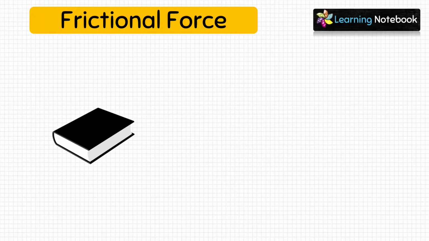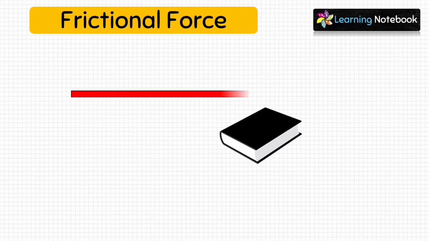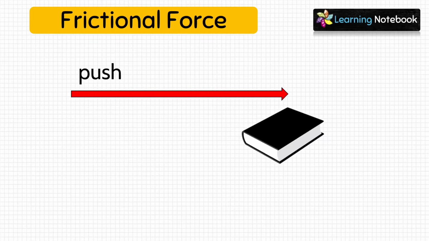When you push a book on the floor, it moves and then it gradually slows down and finally stops. In the same way, when we paddle a cycle, it moves, and when we stop pedaling, it gradually stops. Students, why do you think they stop?